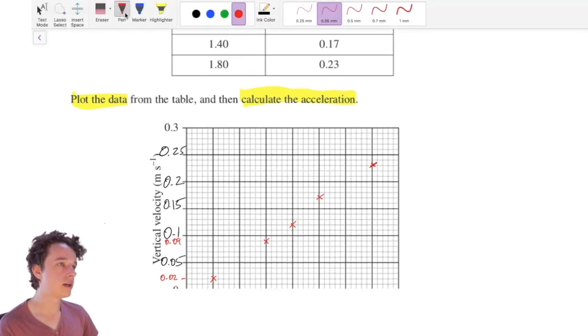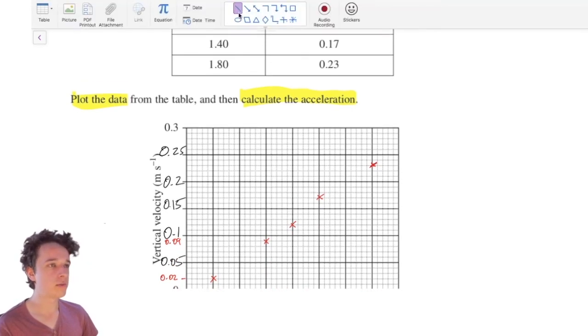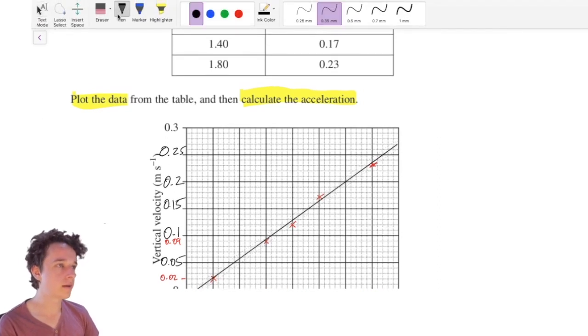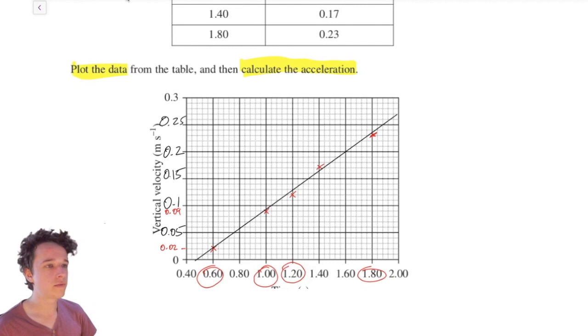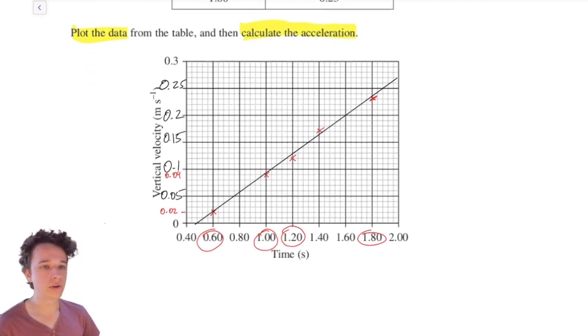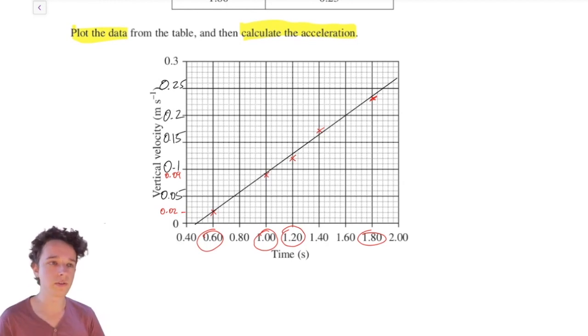And now we are going to draw a line of best fit as we would usually, which is going to look something like this. And then we are going to use that information from this graph to calculate the acceleration. We should remind ourselves of the fundamental definition of acceleration, which is that acceleration is equal to the change in velocity divided by the change in time.